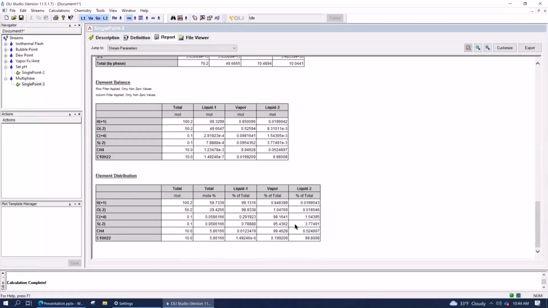Here the CO2, or the H2S rather, again, S-2 is the H2S, because we're looking at it from the key component or the key material code in that system. 3.7% is in the oil phase, 95% is in the vapor phase, and 0.8% in the water phase.